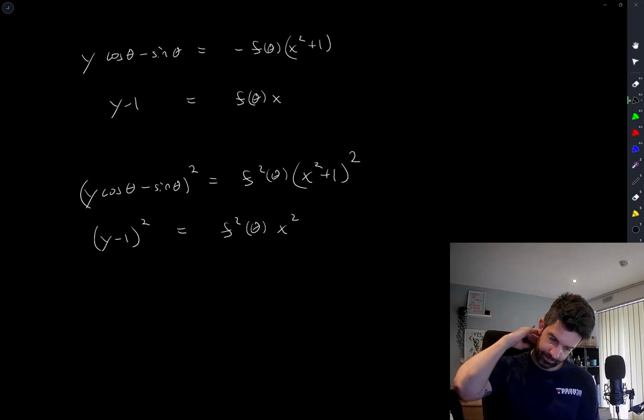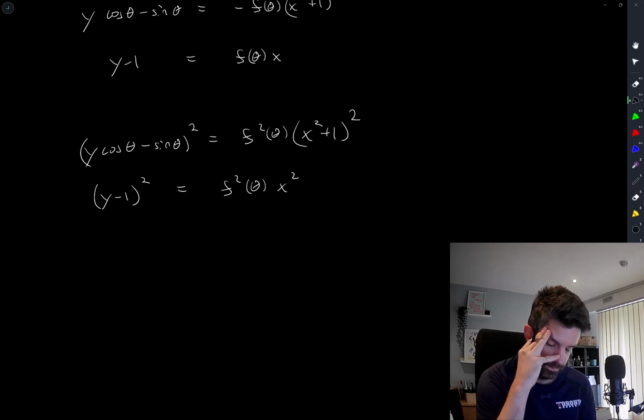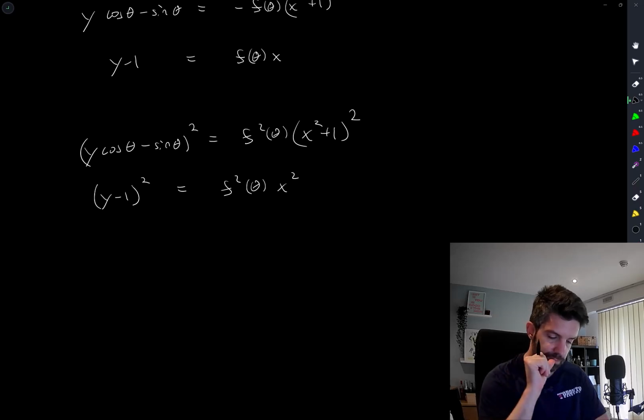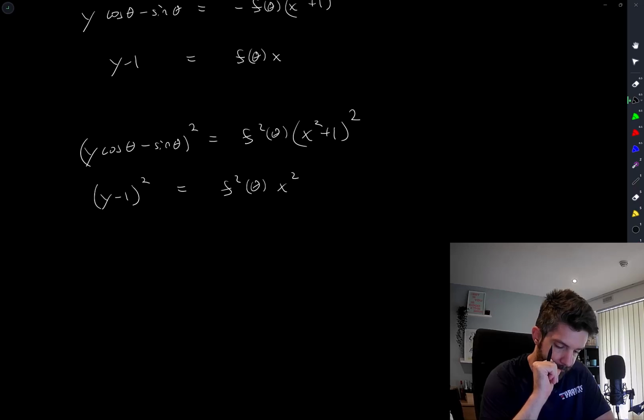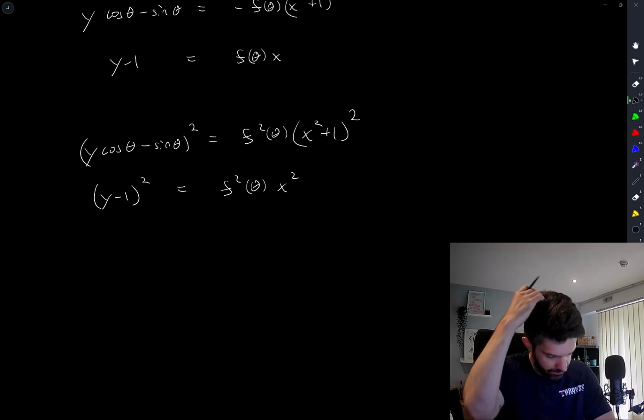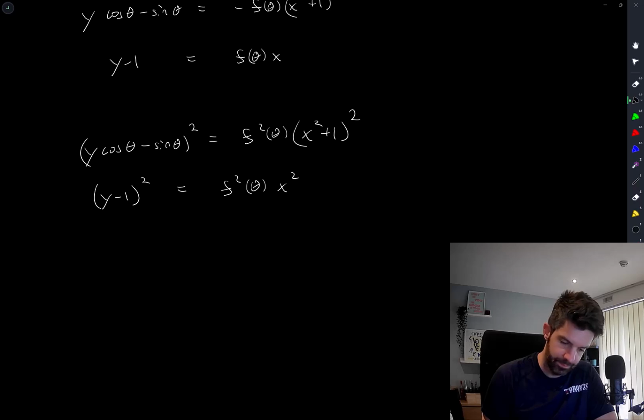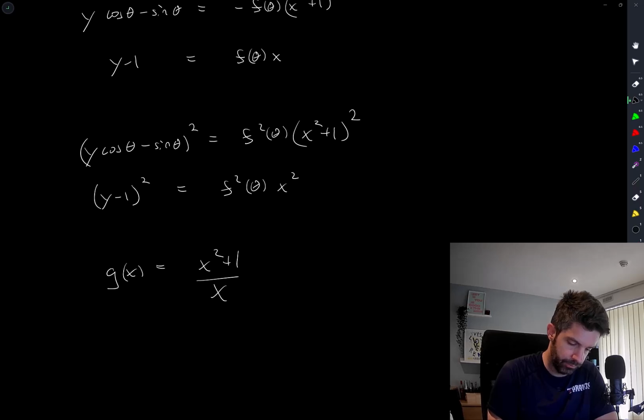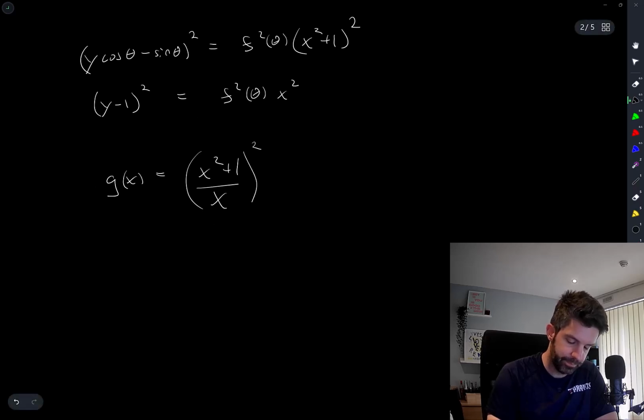So let's define a new function, g of x, which is x squared plus 1 over x all squared. And I want to try and minimize this.